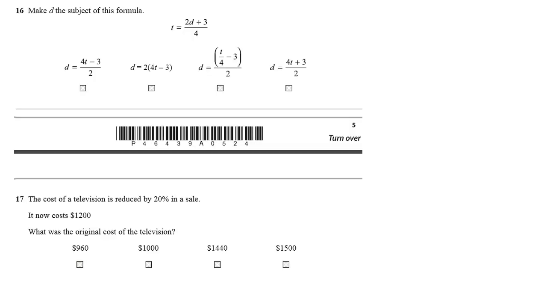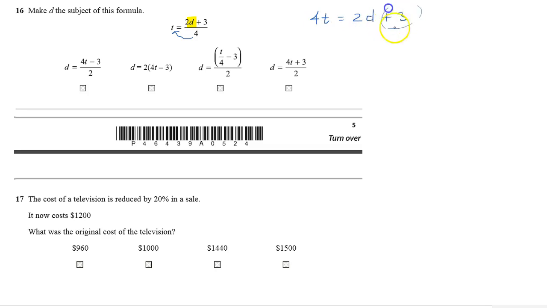Question number 16, make D the subject of this formula. Presently T is the subject, we have to make D. So we have to separate this D. Now we are going to do this thing. First multiply this by T, so that is 4T is equal to 2D plus 3.